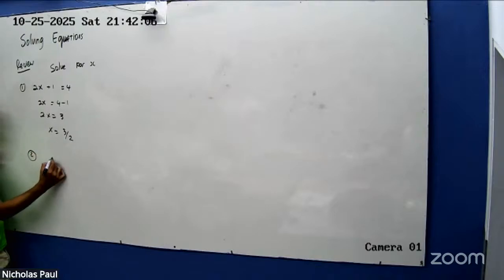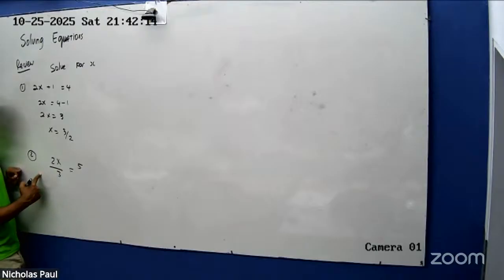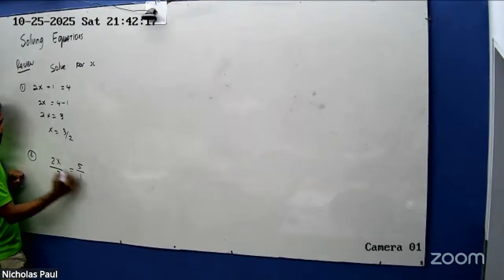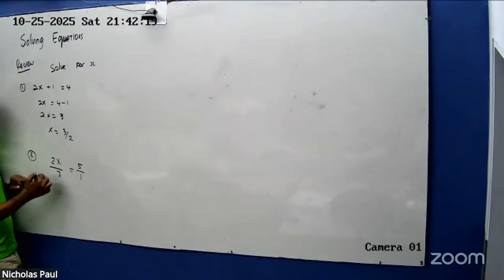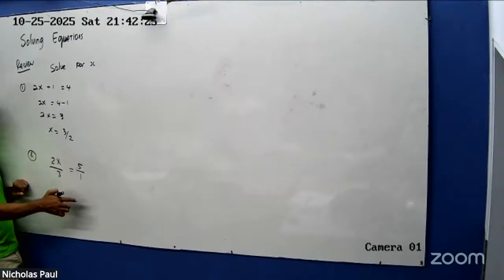If I gave you something like this, 2x over 3 is equal to 5, how do you simplify it? You might remember that we could put 1 here. Now we have 2 fractions separated by an equal sign, so we could cross multiply.